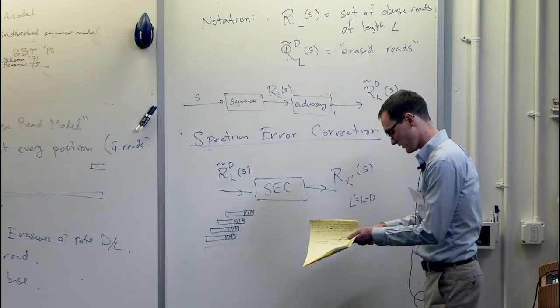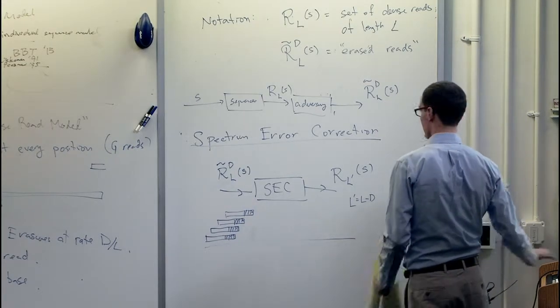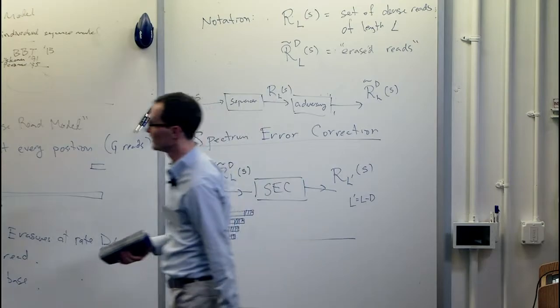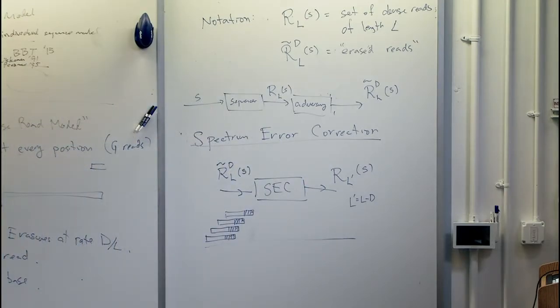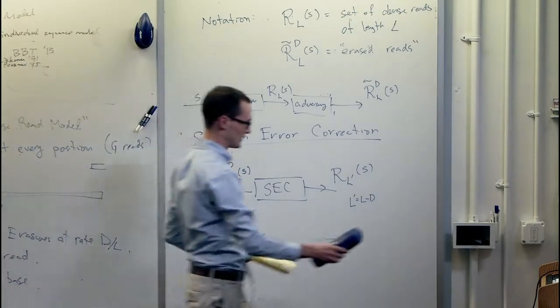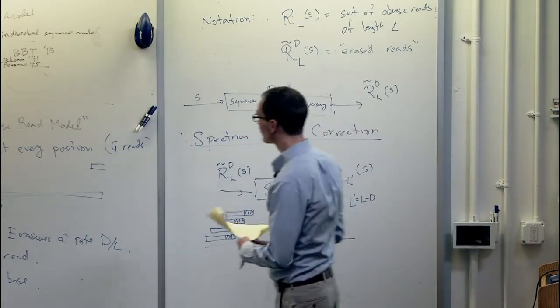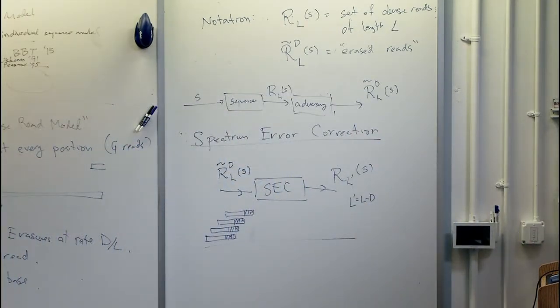And so kind of the main result here is that we can actually do spectrum error correction even under this adversarial model. So let me write down the result.